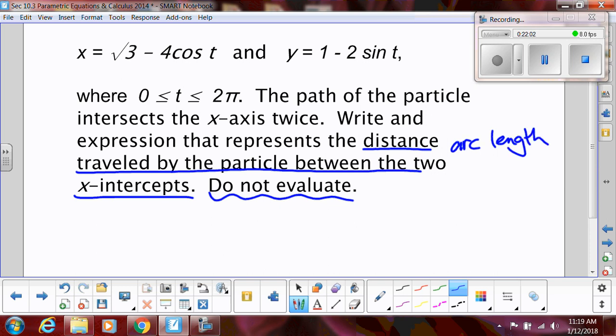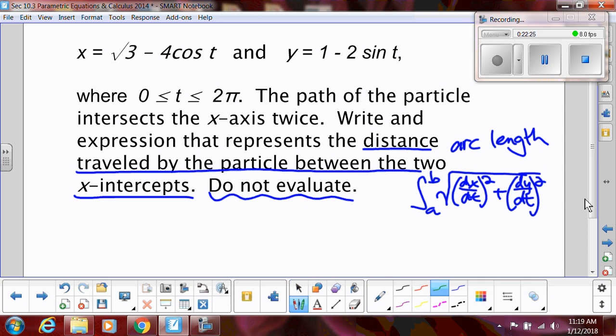What's that formula? So we're doing that integral from A to B of dx dt squared plus dy dt squared. The only thing is we have to find A and B because those are the x-intercepts. All right, so the particle hits the x-axis. Okay, that's when y is equal to 0. So then we need to set the y component equal to 0.